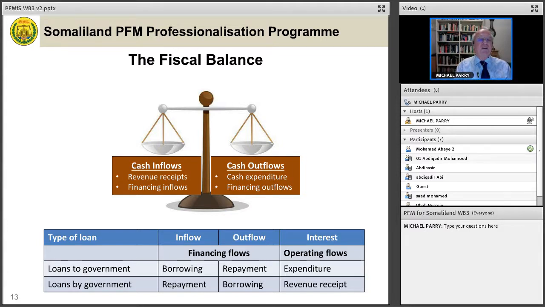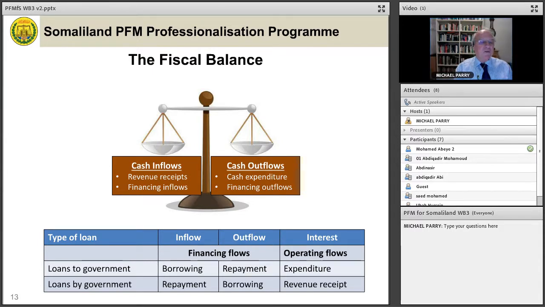Cash outflows are cash expenditures and financing outflows. And in the long term, they've got to balance. In the long term, unless you want to build up large amounts of cash by having a cash surplus, or you have a cash deficit which you've somehow got to finance, which you will do through your financing flows, they will ultimately balance.